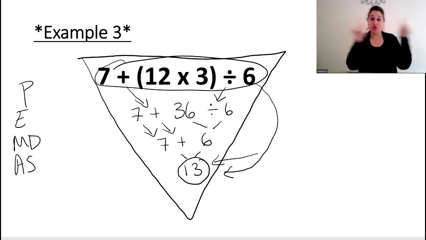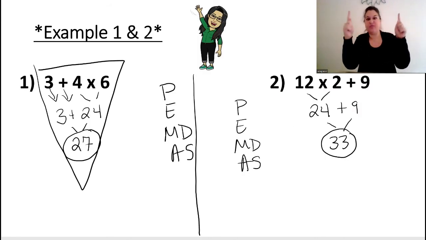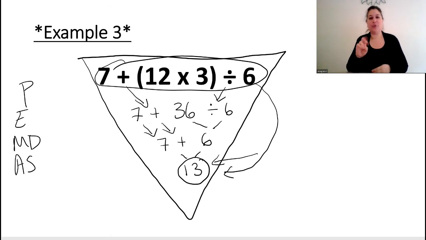I even had a student call this a Dorito before. So after every problem that we did, we always drew triangles to remind ourselves, oh yeah, it's supposed to simplify to one number in the end. So feel free to do that if you want to. It is a good reminder. All right, next slide.